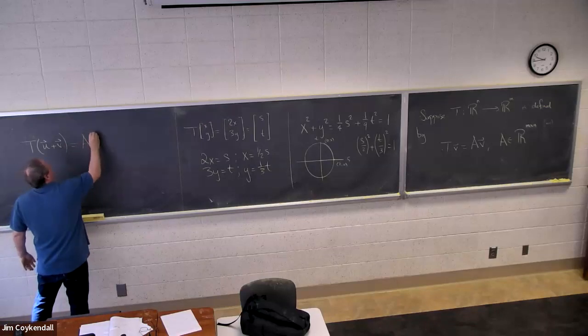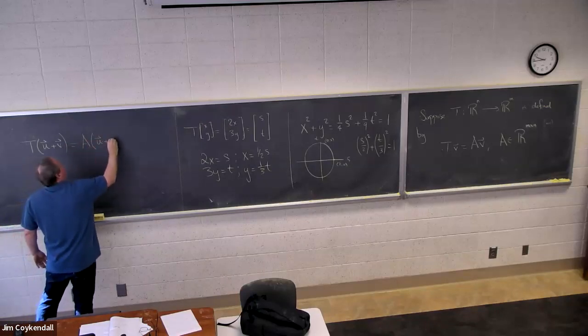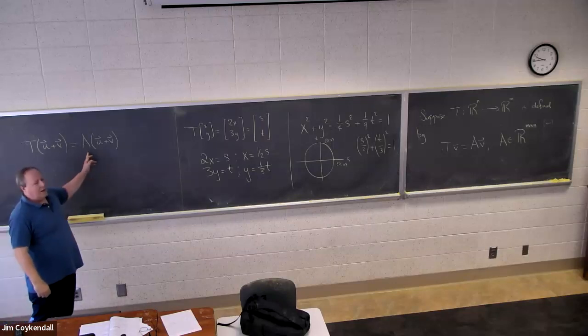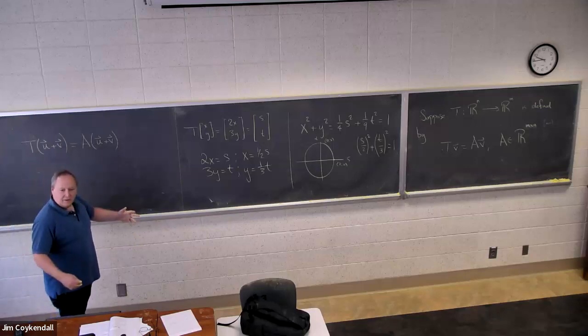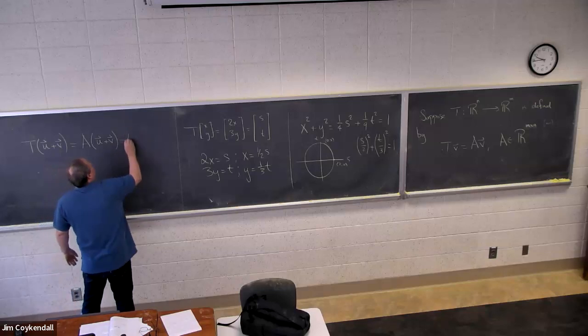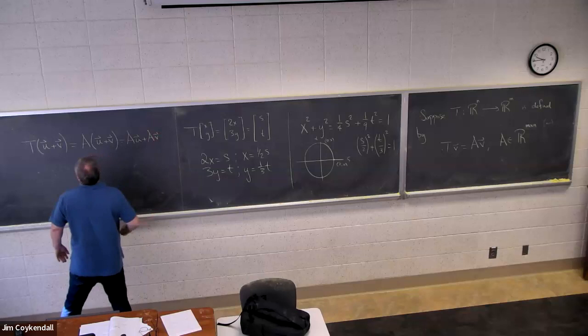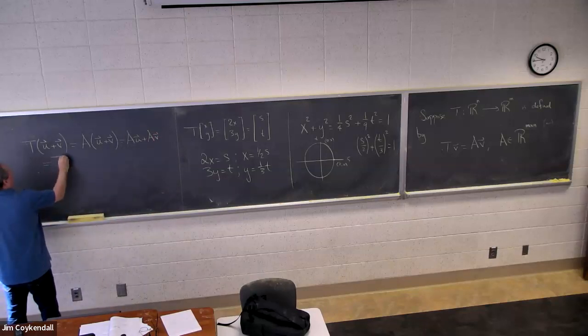This is the matrix A times u plus v, correct? Anybody guess the next step I can do to simplify, perhaps? I can multiply this out. This is something I learned about matrices, right? This is Au plus Av.